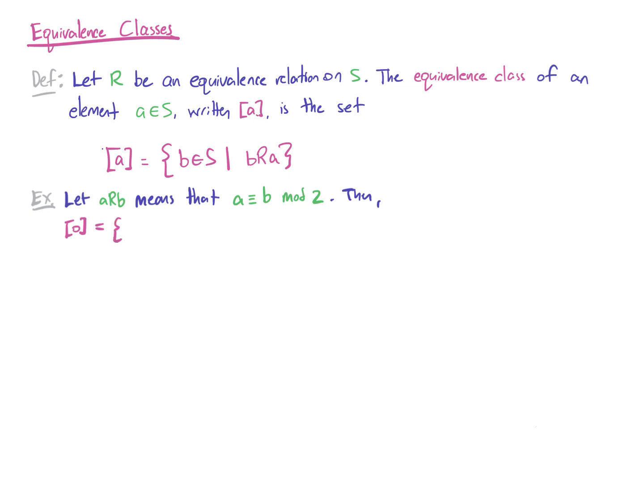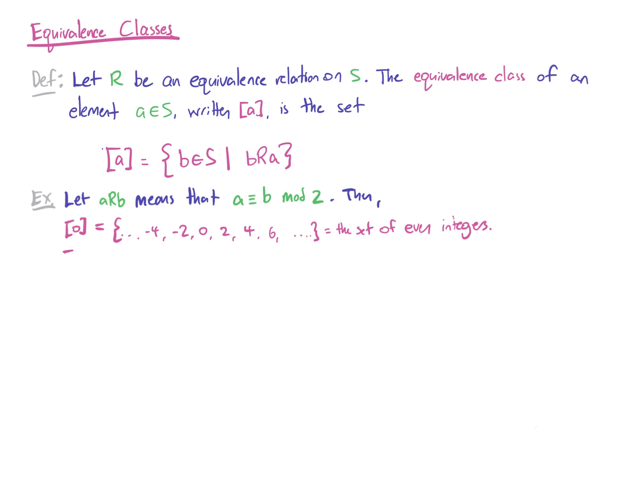So what are some of these integers? Well, I know that 0 is congruent to 0 modulo 2, but also 2 is congruent to 0 modulo 2, because 2 divides itself without remainder. 2 divides 4 without remainder, 2 divides 6 without remainder, and so on. And indeed, I could have gone the other way as well, -2, -4, and so on. If I look at what I have here, this is just the set of even integers. So the equivalence class of 0 here is the set of all even integers.